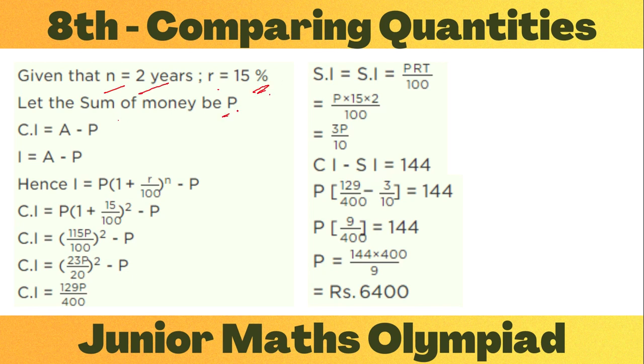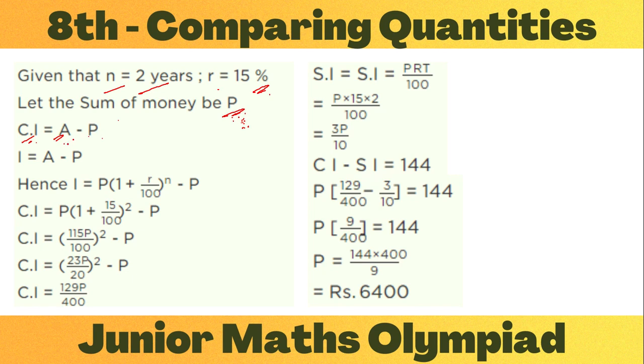Let the sum of the money be P, not the actual amount. The principal, without including interest, the real amount, is called principal. Let the principal be P. So what is the formula for compound interest? Amount minus principal.